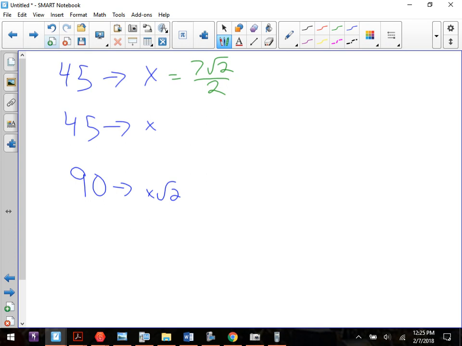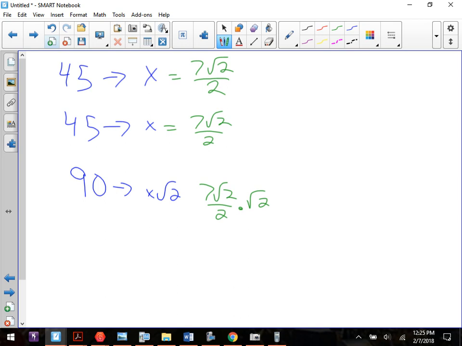So everywhere I see an x now for the rest of these problems, what am I going to put? 7 root 2 over 2. And then I know that this is going to be 7 root 2 over 2 times the square root of 2. That's why I like having this ugly problem to start out with: how do you type that in the calculator?